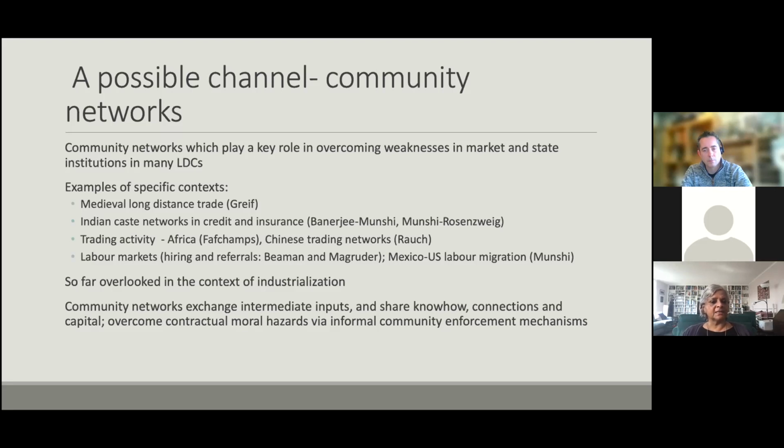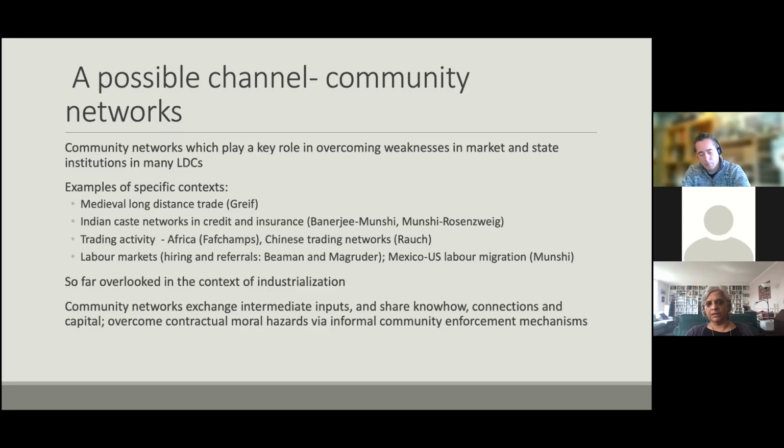So this is an aspect which has not been discussed much in the context of industrialization. And this is what I'm going to emphasize today, that there is a third way through which industries can develop. And I'll show you that in the Indian context, industries did develop despite a lack of state support or institutional support.